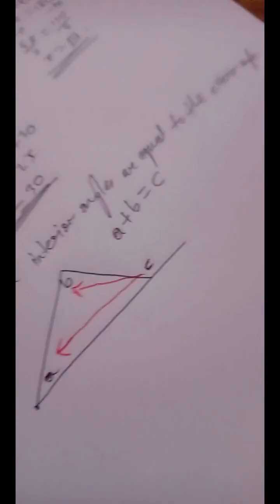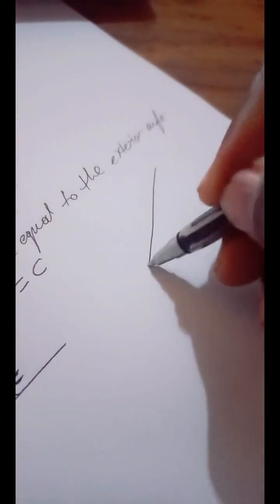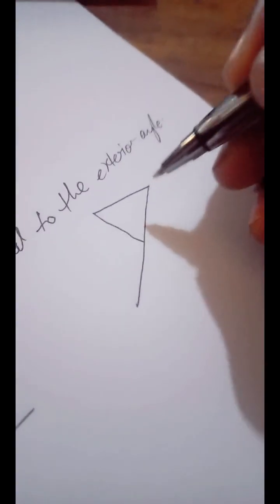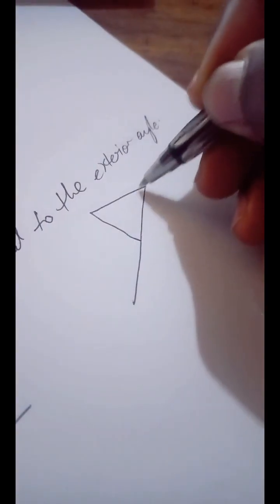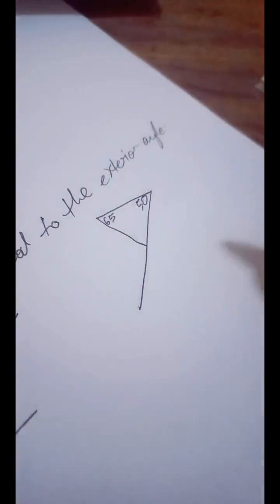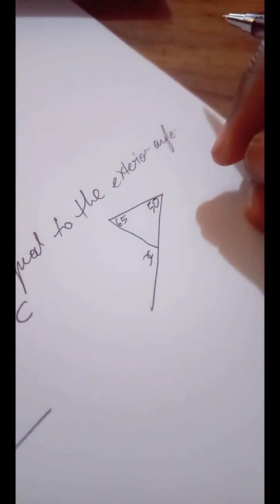Right? So let's say we are given an example. We are given a question which states that we are given this, right? And this angle is, let's say, 50, and this one is 65. And they say calculate x, right?